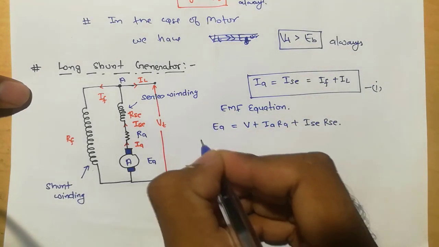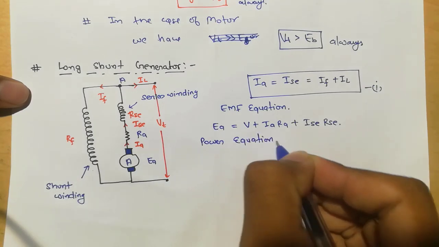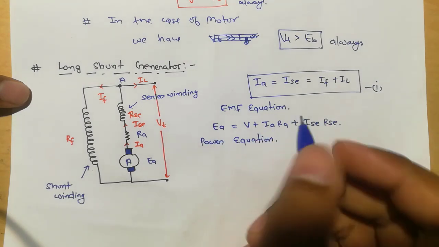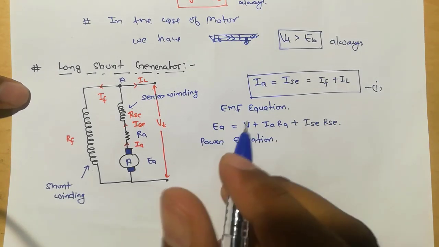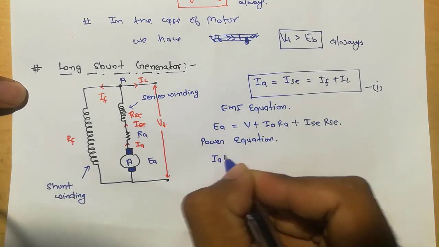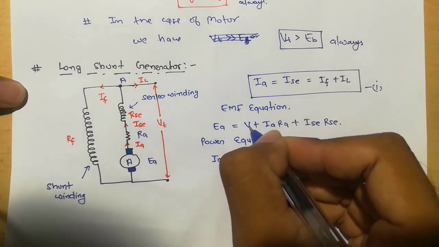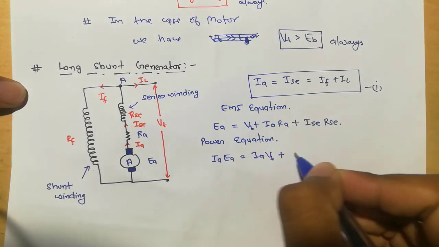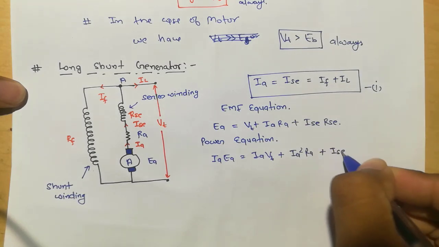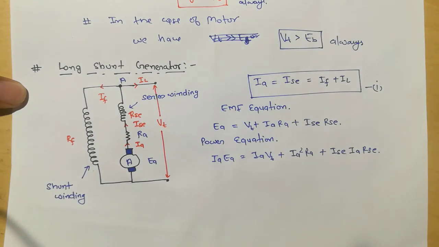Now talking about the power equation. For the power equation, we multiply both sides of this equation by IA. Then we get IA EA equals IA VT, where VT is the terminal voltage, plus IA square RA plus ISE IA RSE. Get it?